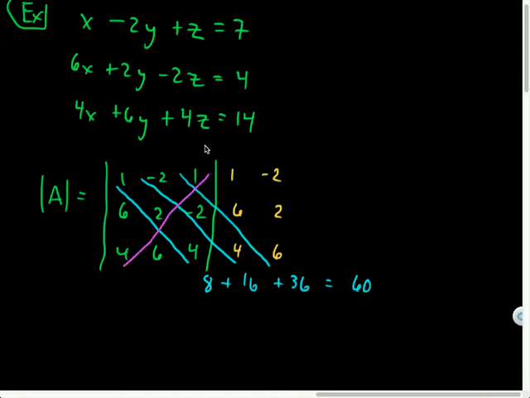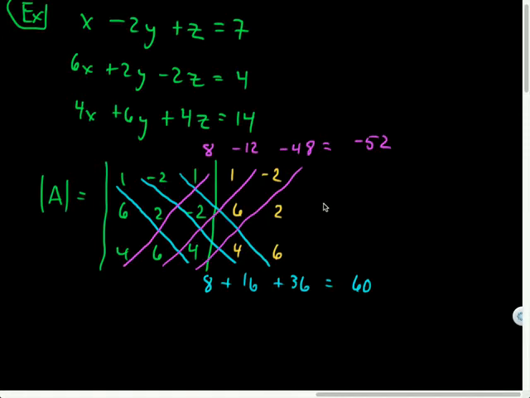Here we go. 4 times 2 times 1 is 8. 6 times negative 2 times 1 is negative 12. 24 times negative 2 is negative 48. Combine all those. That's going to be negative 60 plus 8. So what's that? Negative 52.